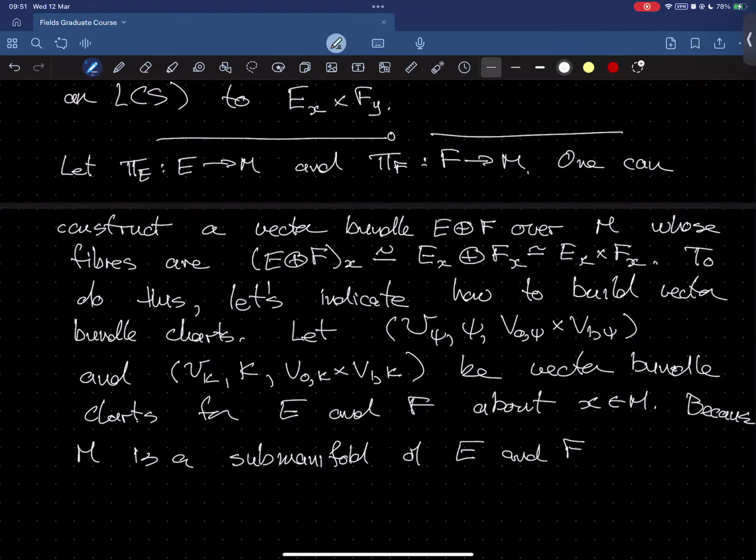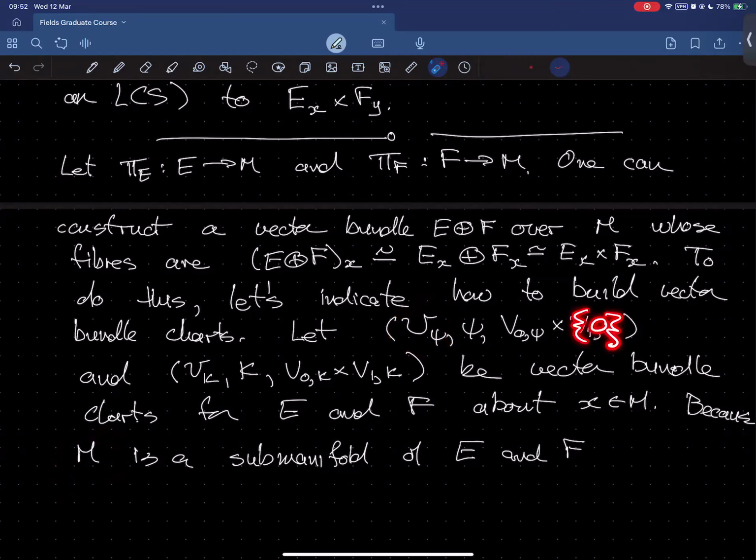And moreover, we verified more than just that E and F is a submanifold. We actually verified that submanifold charts are defined in the obvious way by the vector bundle chart. So remember that points in M in the chart are the points which map to 0 here.